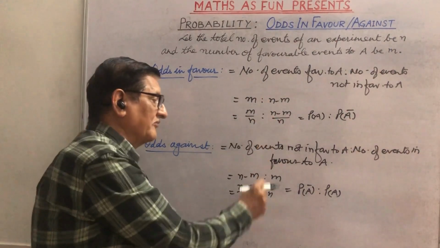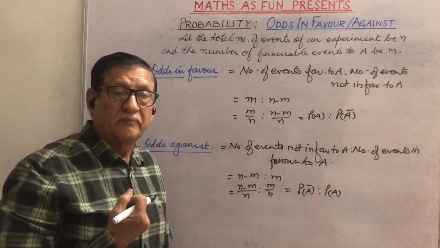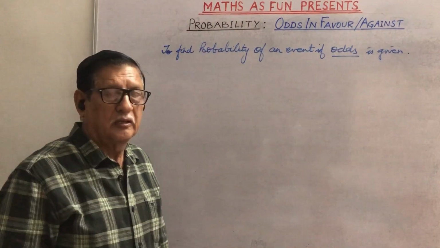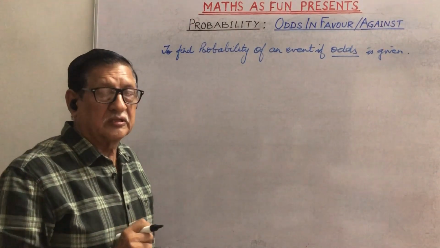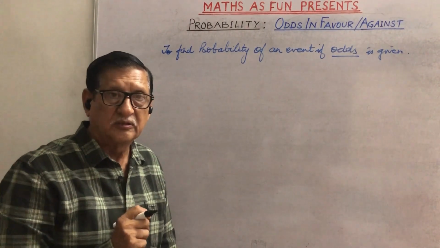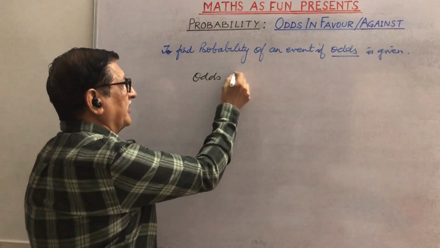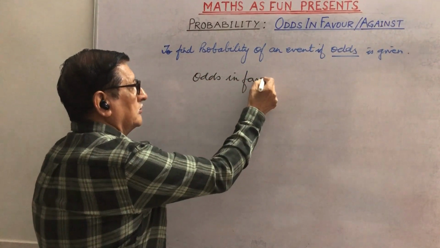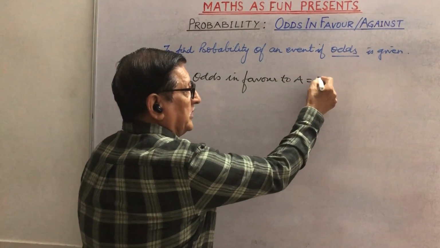So these two are the ratios. And in case we are given the odds, we can find out the probability of an event. If we are given the odds for any event, then how do we find out the probability of that event? Let's learn. Suppose we have been given odds in favor of an event A as p is to q.